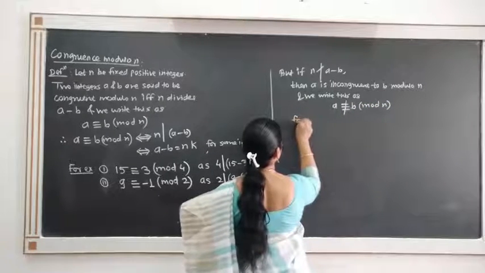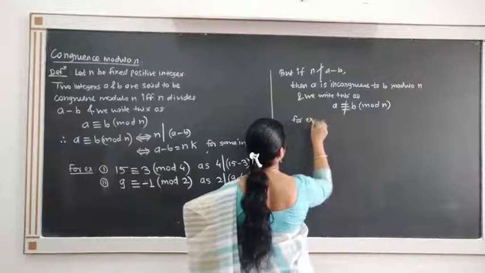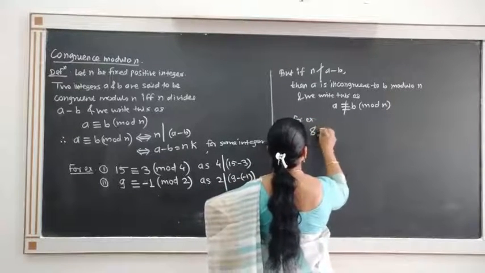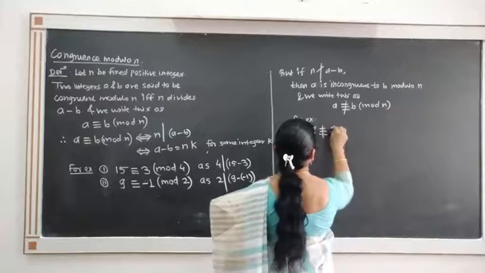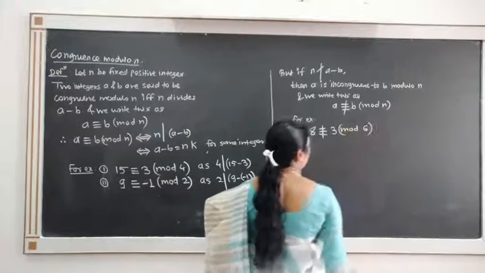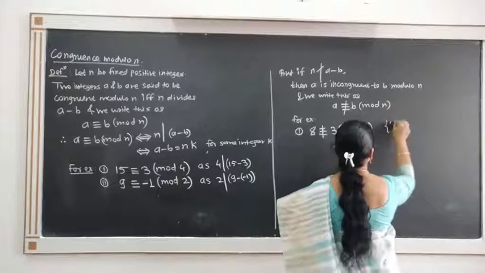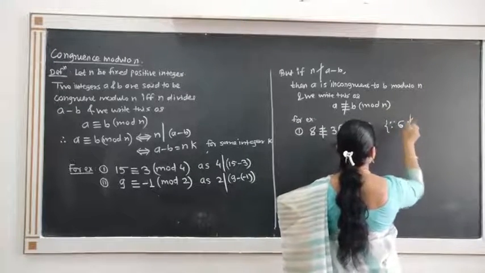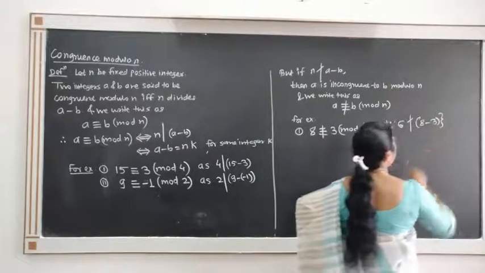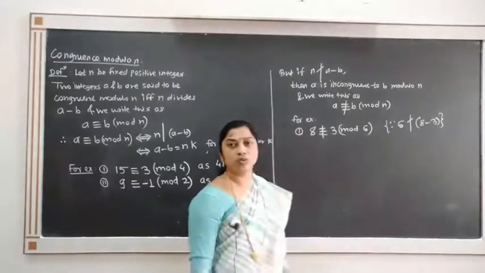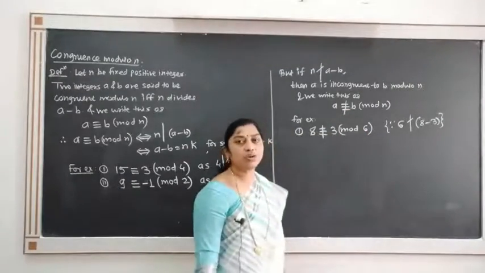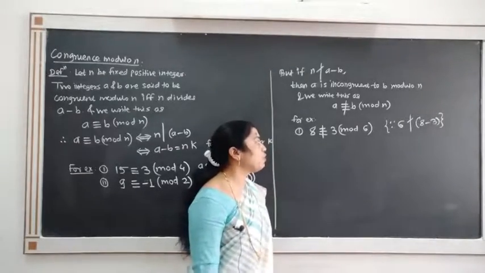For example, 8 is not congruent to 3 modulo 6 because 6 does not divide 8 minus 3. 8 minus 3 is 5 and 6 does not divide 5. So obviously 8 is not congruent to 3 modulo 6.